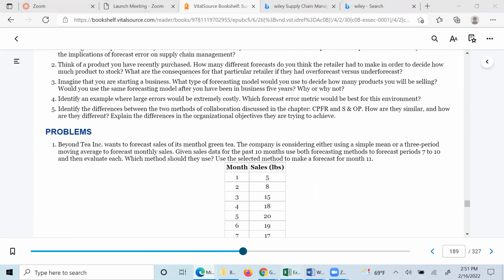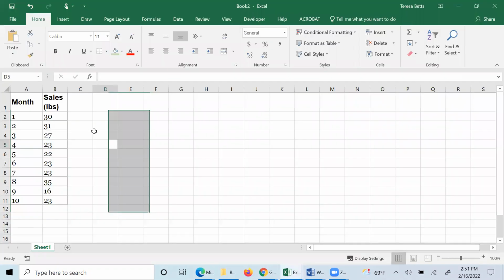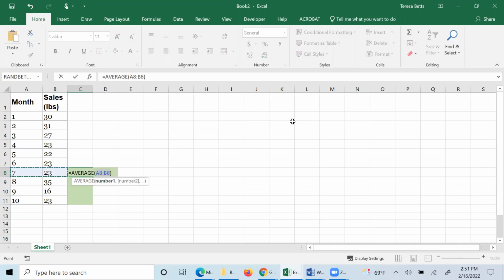I had gotten the information into Excel, and we want to forecast these time periods. The first one is a simple mean, where we're going to average all of the data that we have. So I'm going to use my average function here, and I'm going to grab from the first time period all the way up to the most recent one.